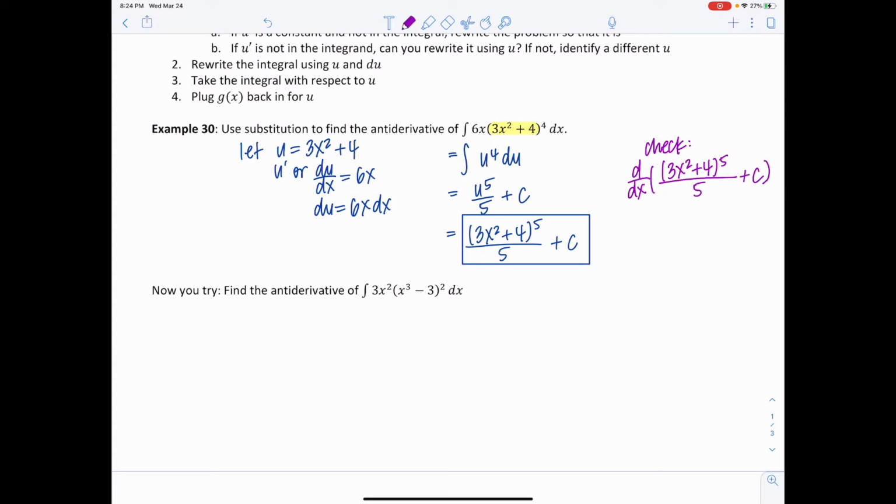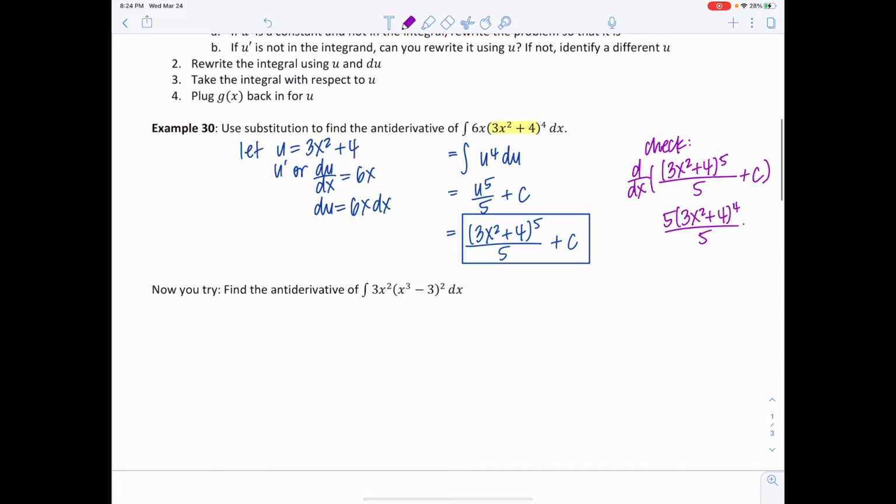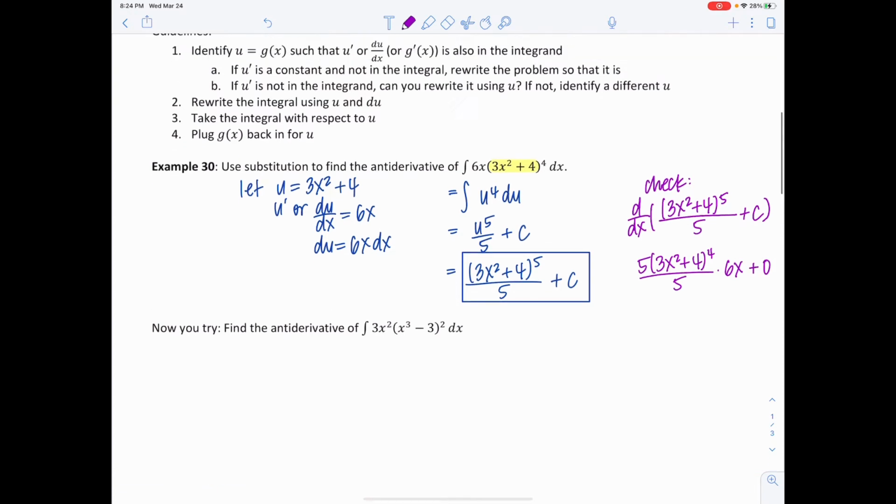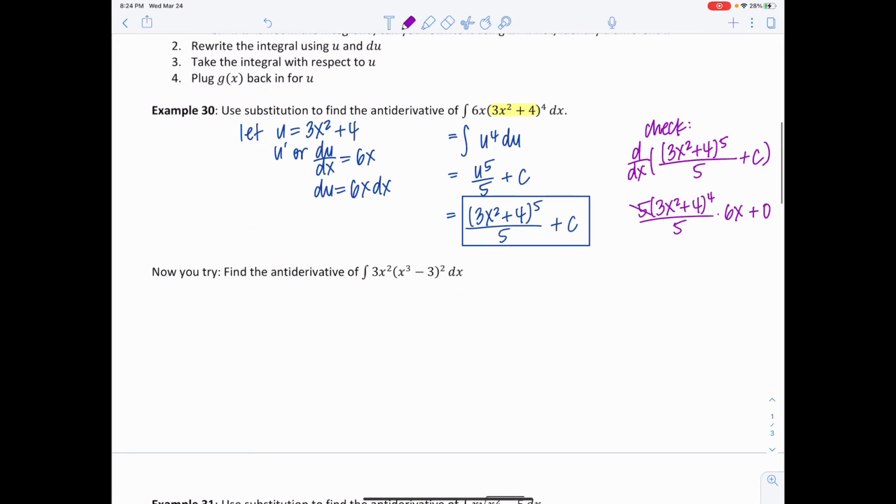So I would bring down the 5, subtract 1 from the new exponent, and then multiply by the derivative that's inside, and then the derivative of plus c. The derivative of a constant is 0. And we end up with 3x squared plus 4 to the 4th times 6x, which is exactly my integrand.